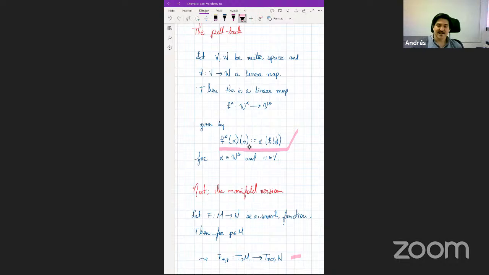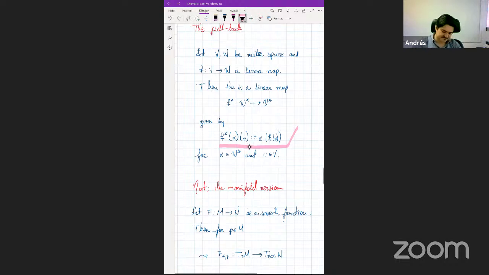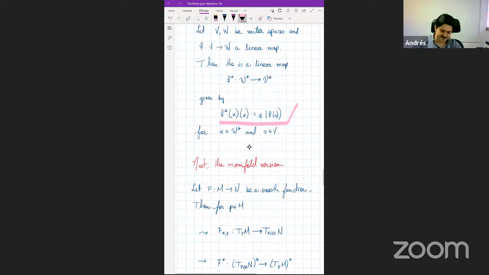So then I can look at the dual, and the dual will look like this, right? So this goes here and this goes here. Okay?